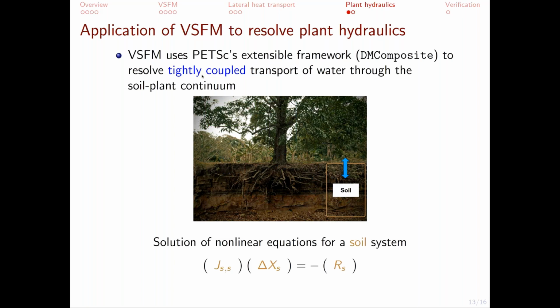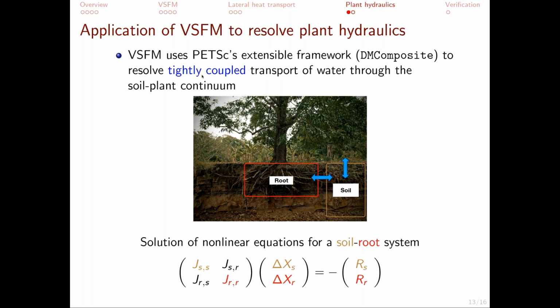If one were interested, as we did in the first application, only in solving the vertical transport of water, we could write the system as one nonlinear system of equations where you provide the Jacobian and the residual and let PETSc provide a solution.